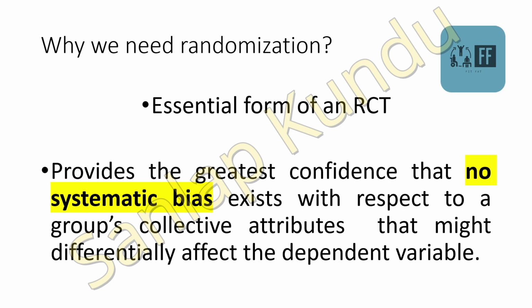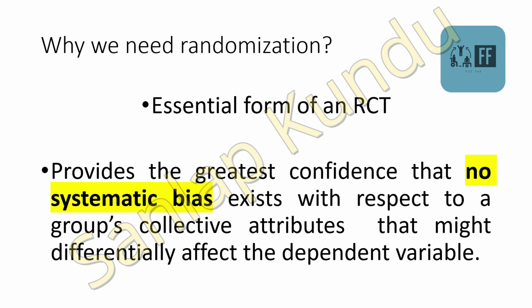It also provides the greatest confidence that no systematic bias exists with respect to a group's collective attributes that might differentially affect the dependent variable, or in simpler terms, your outcome measures.